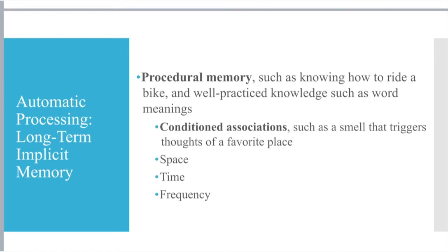So then when we're talking about implicit memories, right, these are the ones that we basically just learn through automatic processing but are still housed in our long-term memory. We don't really forget them very quickly. So within that, we have procedural memory, such as knowledge of how to ride a bike, or any well-practiced knowledge, such as word meaning, right, vocabulary.